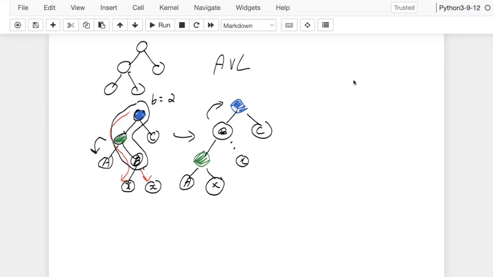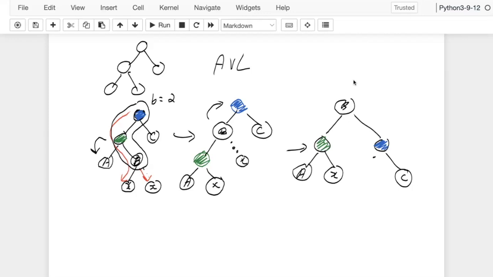That means we do a rotation on the blue node. So we get B, blue, and green. And so this is C, this is A, this is X, or this X is less than the blue, greater than B if from this dotted line or in here. So that way we restore the tree balance.